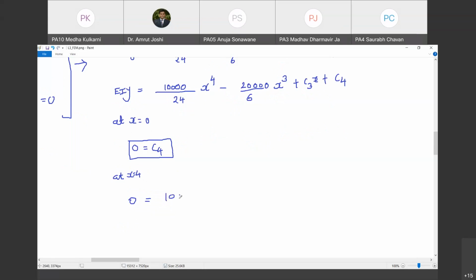Anyway, I will not simplify that. 10,000 into 4 raised to 4 upon 24. Do you agree with me? This is the first step. Minus 20,000 into 4 cube raised to 6. Right? Plus 4C3. And C4 तो वैसे भी 0 है.